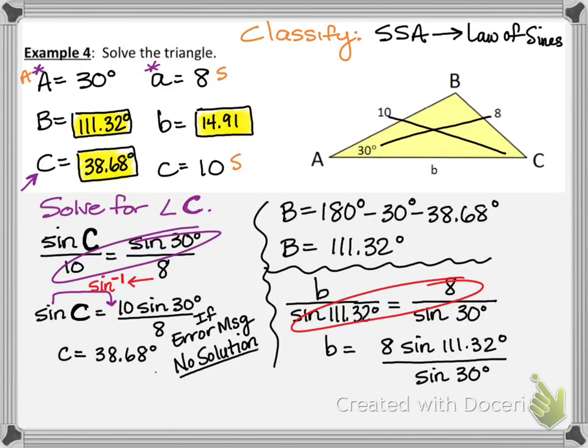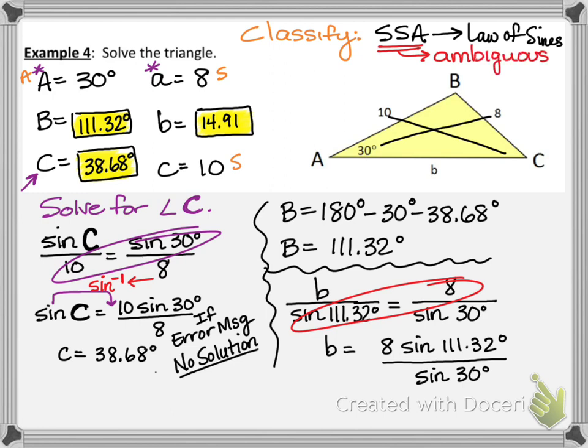Okay, so we have all 3 angles and all 3 sides. But here's the thing that I need you guys to realize about the case we call SSA. This is such a special classification that it is known as the ambiguous case.